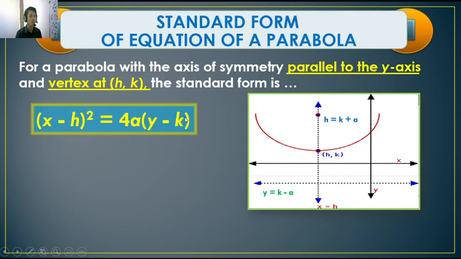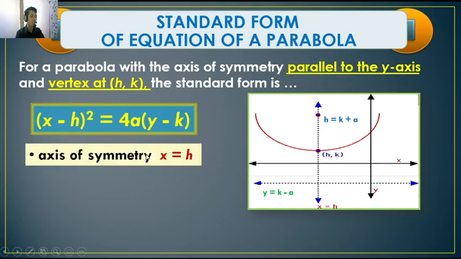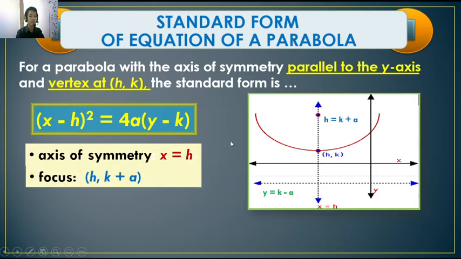So we're going to use this formula for the standard form equation of a parabola. The axis of symmetry is x is equal to h. To find the focus, that is (h, k + a).